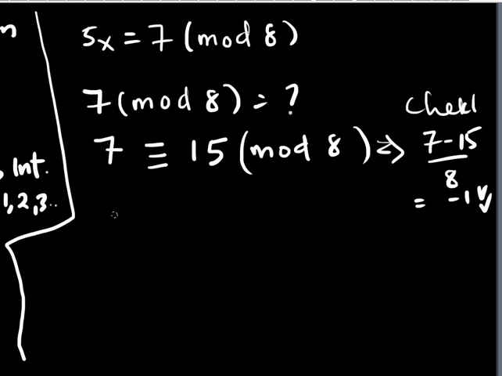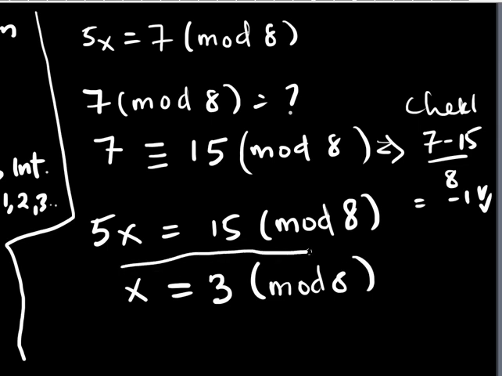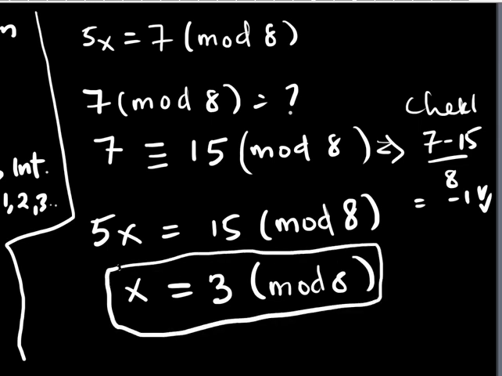So we can replace 7 by 15. We get 5x is equal to 15 mod 8, and finally we can divide and see that x must be 3 mod 8. That's how you solve that in your exam.